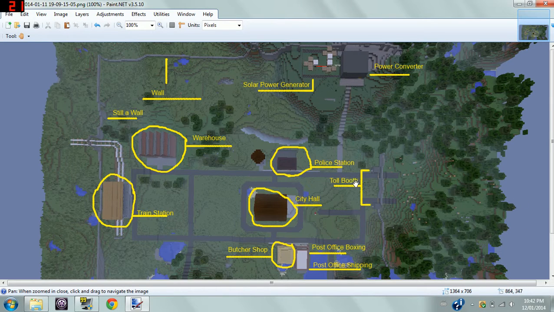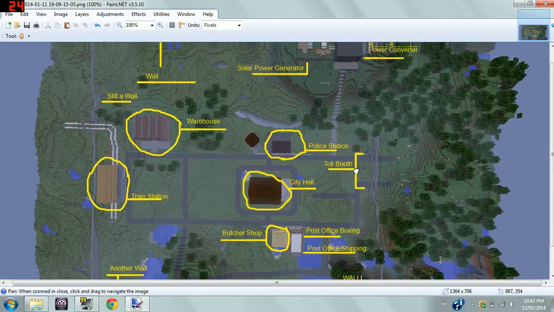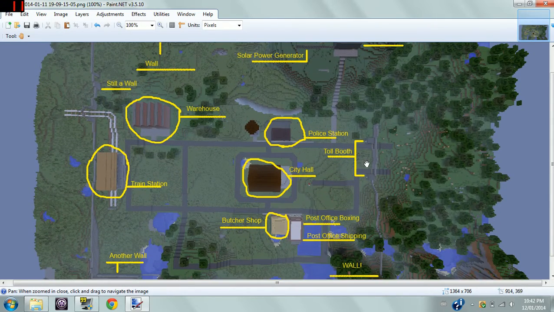After that, we have over here a toll booth, and the toll booth is more or less the cell membrane, which is a protective barrier around the cell. It allows transport of needed materials into the cell and waste materials out.